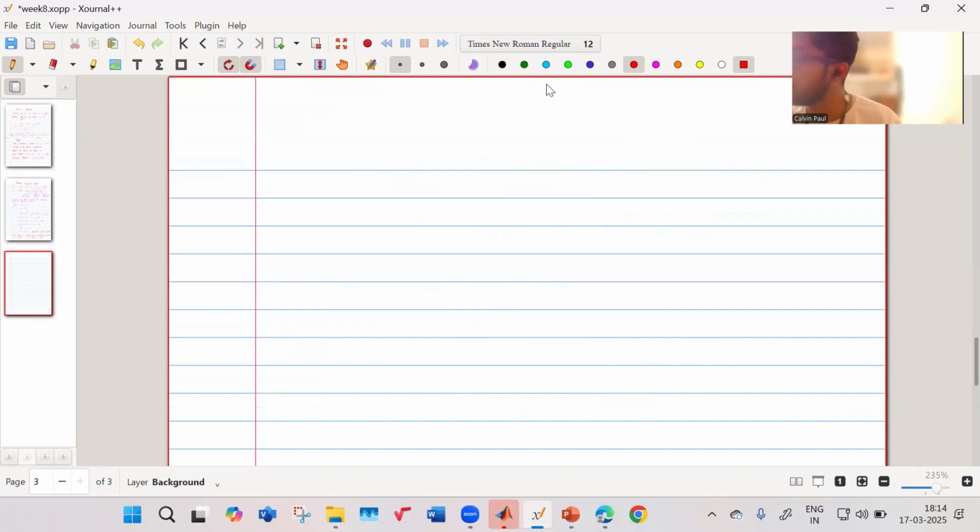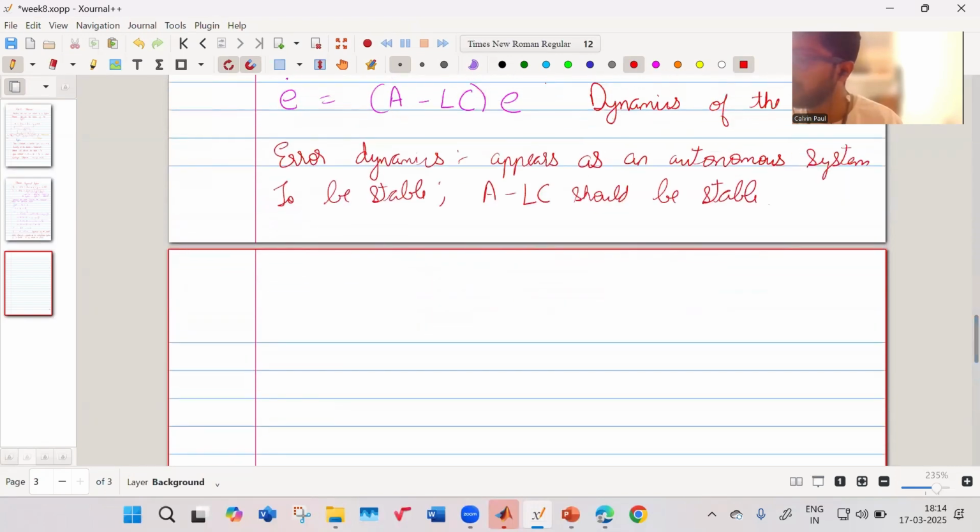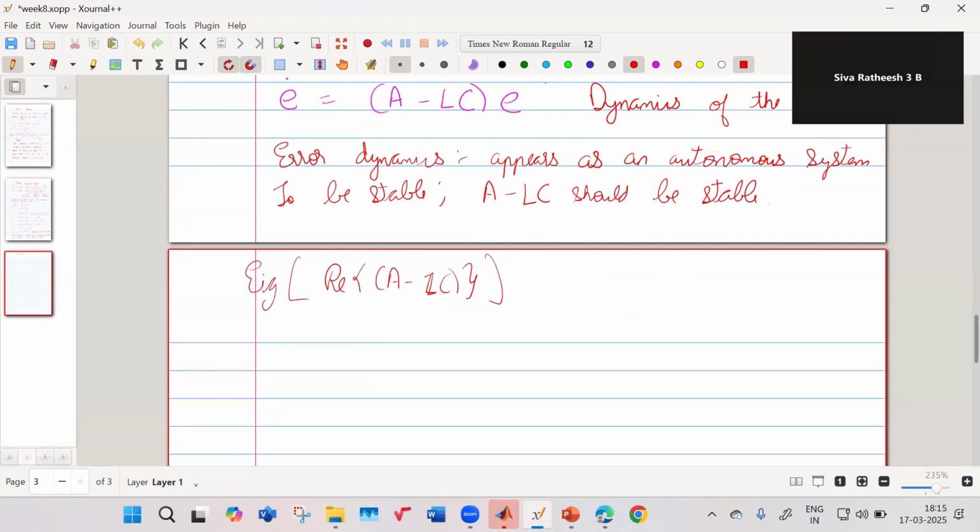The real part of the eigenvalues of A minus LC should be less than 0.